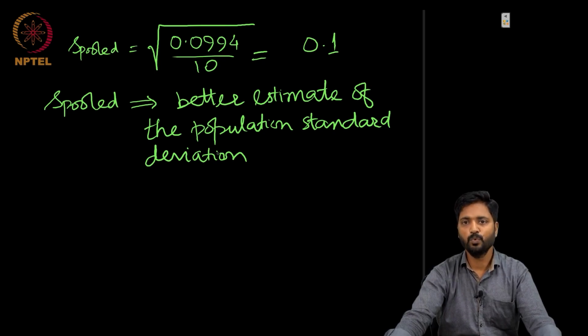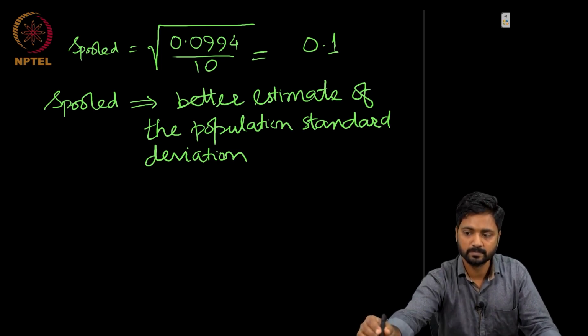Now let us move to the second topic, which is of applying paired t-test to samples which are being analyzed by 2 different methods. So for that, let me go back to the presentation.